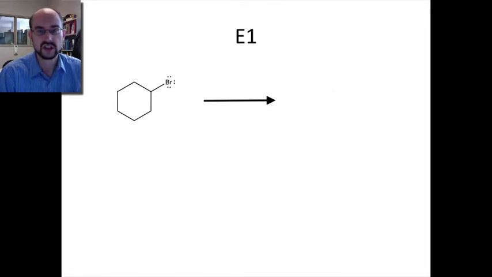For each of these, I'm going to use the same substrate, bromocyclohexane, because it will work for all four of these reactions depending on the right conditions. So for an E1 reaction, an elimination reaction, we're going to lose HBr, and we're going to form cyclohexene.